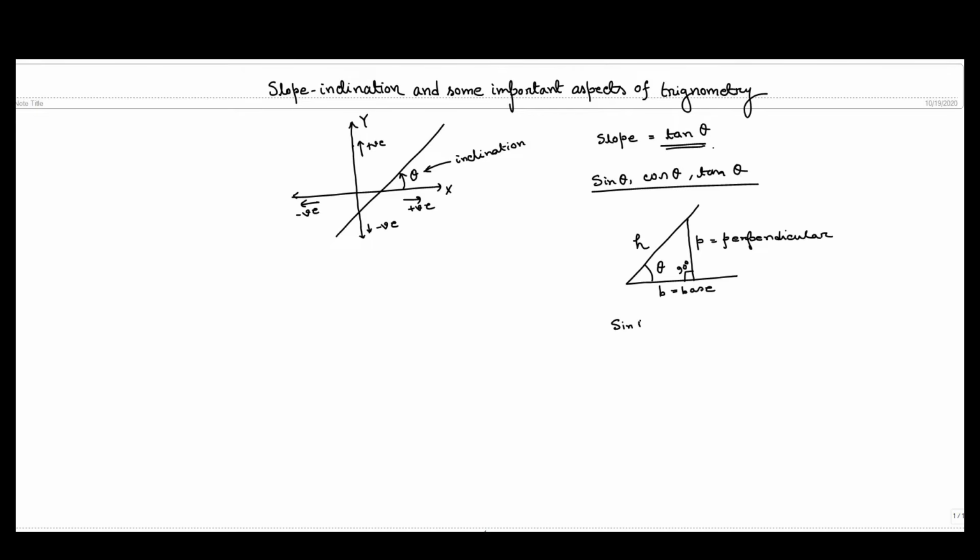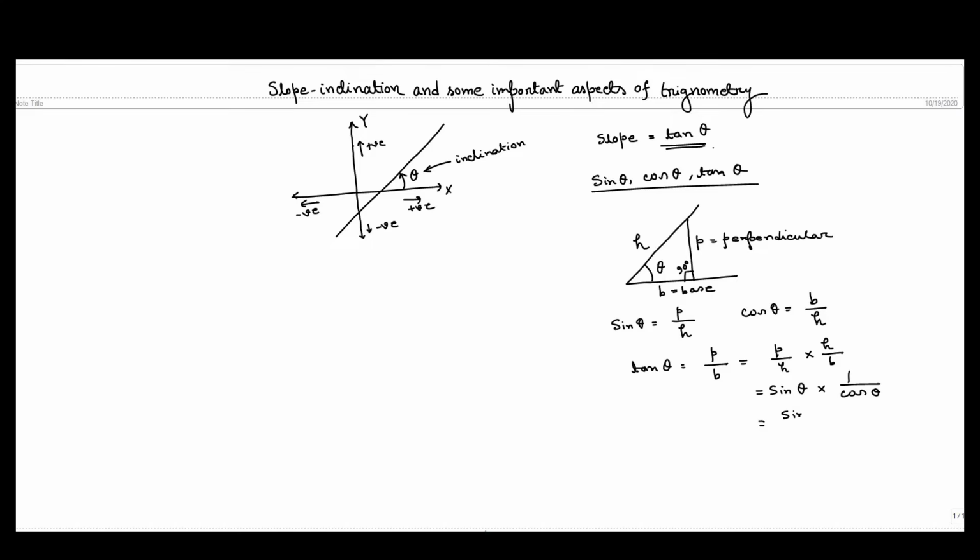Sin theta was defined as perpendicular by hypotenuse. Cos theta was defined as base by hypotenuse, and tan theta is defined as perpendicular by base. We can write it as P by H into H by B, that is sin theta into 1 by cos theta, the reciprocal of cos theta.